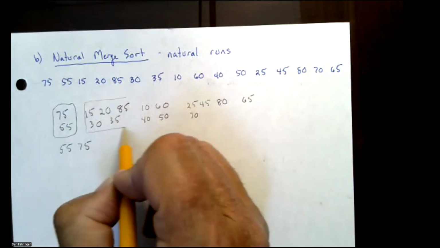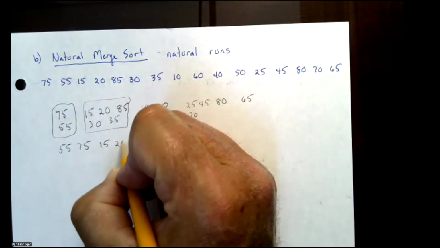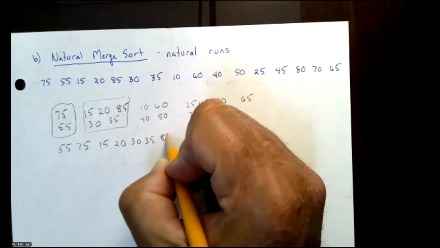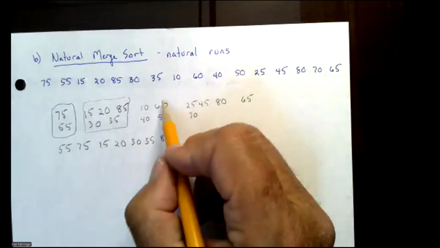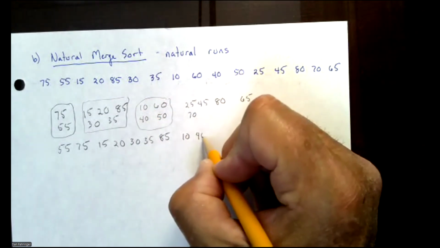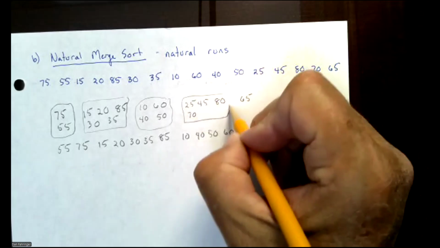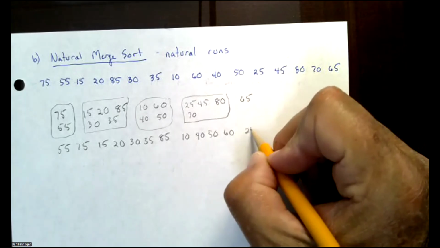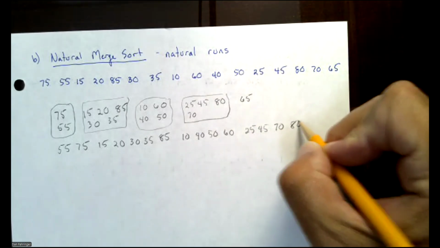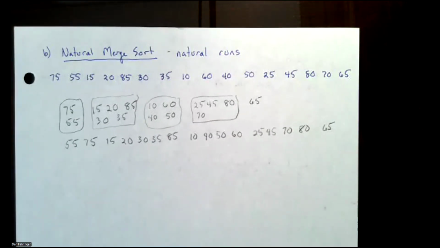These guys are going to get sorted 15, 20, 30, 35, 85. These guys are going to get sorted 10, 40, 50, 60, 25, 45, 70, 80. And of course, AJ's all by himself. Nobody likes him.